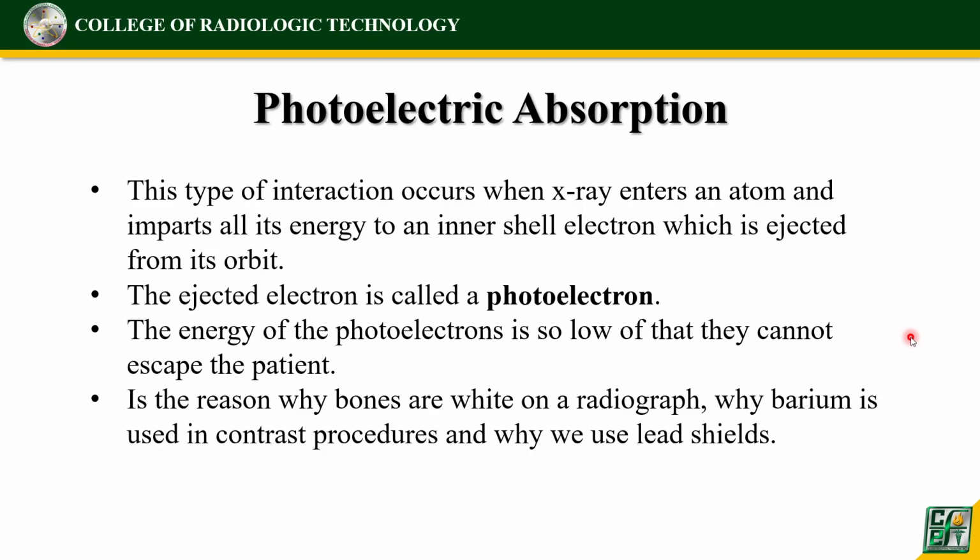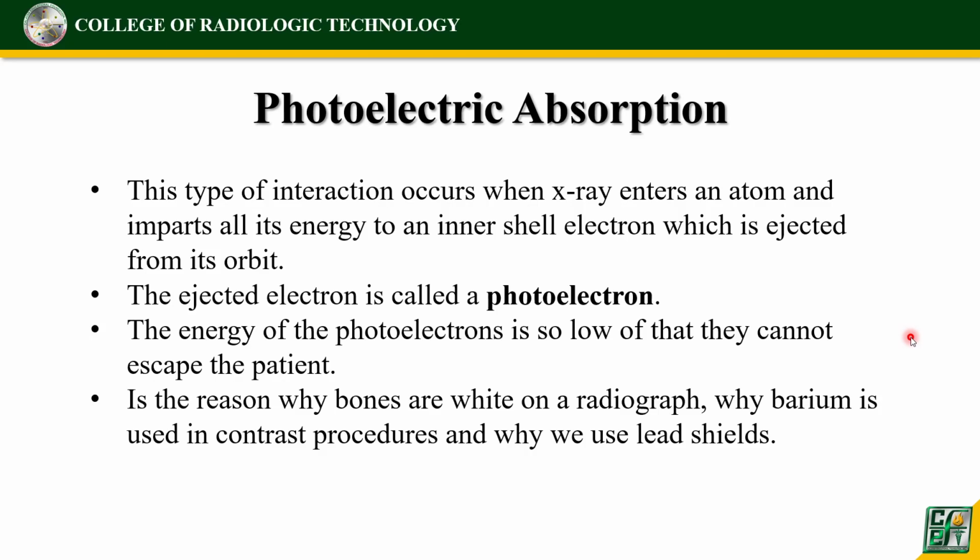And remember, sir, wala namang binanggit na radiation doon. Just a slide, wala namang radiation na binanggit, di ba? Ang binanggit ay energy of the photoelectron. So, paano po naging radiation yung photoelectron?